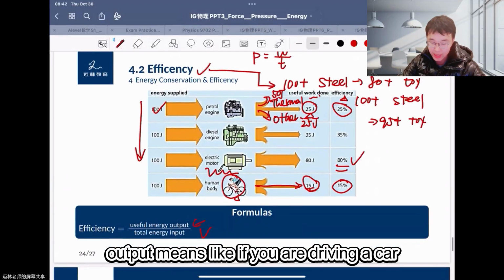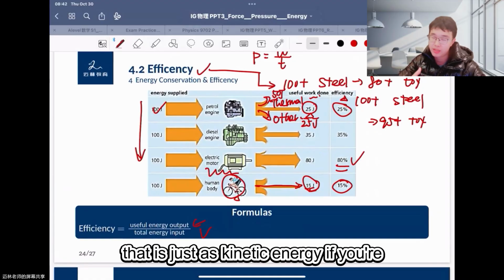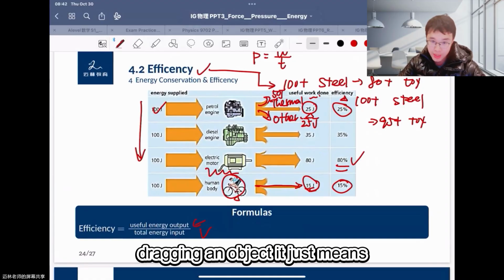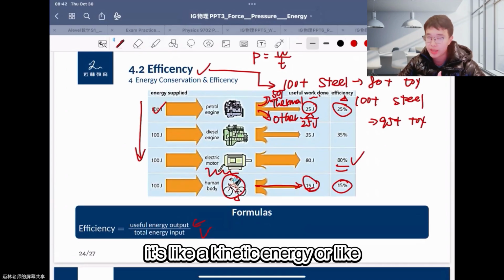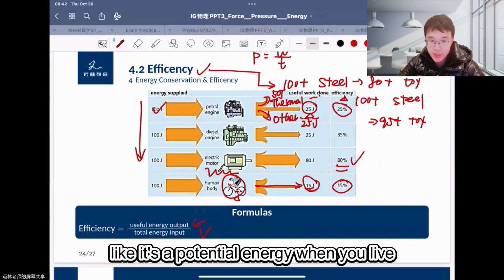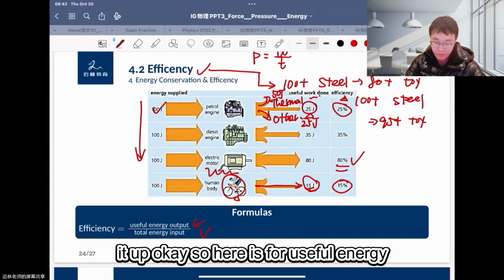Useful energy output means, if you're driving a car, kinetic energy. If you're lifting an object, it means potential energy when you lift it up. So that is the useful energy.